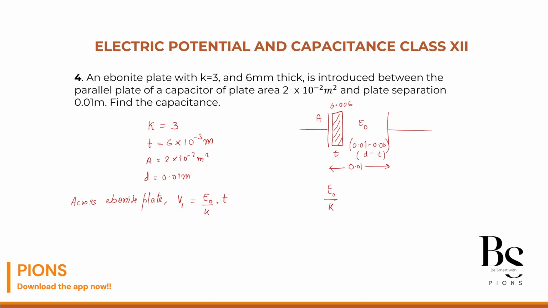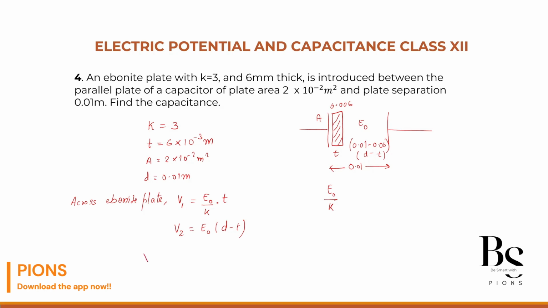So across the ebonite plate, the voltage will be electric field into thickness T. Next is the empty space. So V2 will be equal to electric field E naught into D minus T. Clear? Yes, because the electric field in empty space is E naught and the separation is D minus T. I hope this is clear.